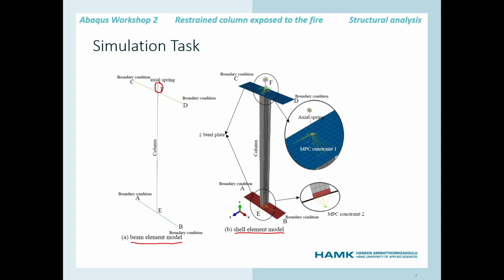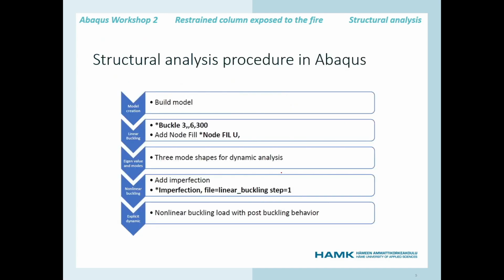So here is the similar model using beam and shell element. Now the structural analysis procedure in Abaqus for this type of example, if we are going to add geometric imperfection in the model, is this approach.